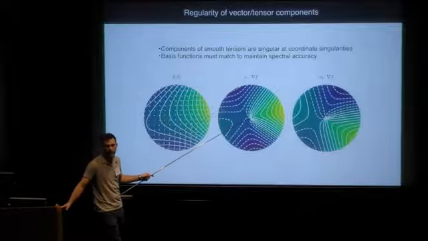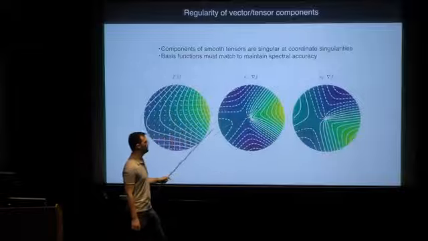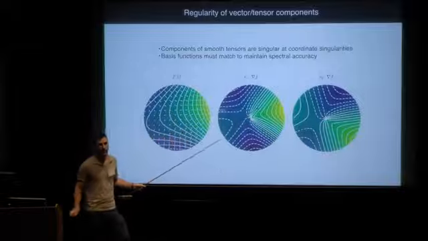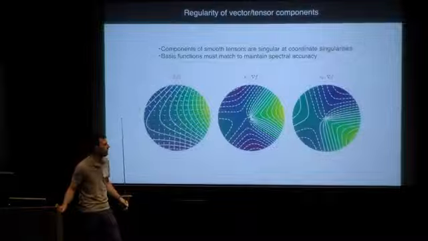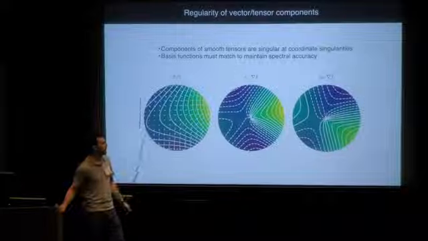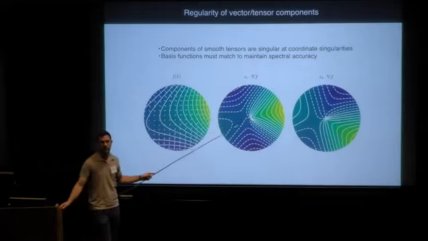So if I want to solve a flow using a spectral method in a sphere, for instance, to look at stellar convection, stellar interiors, or a disk using a global disk geometry, then I need to be careful. I don't want to use the same basis functions to represent scalars as to represent vector components.